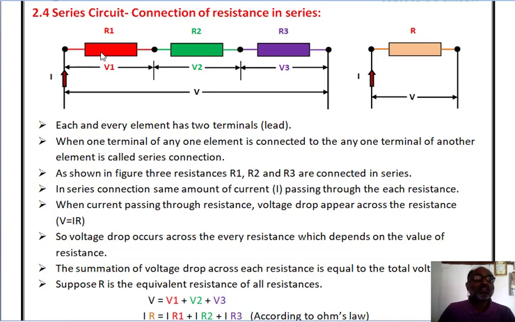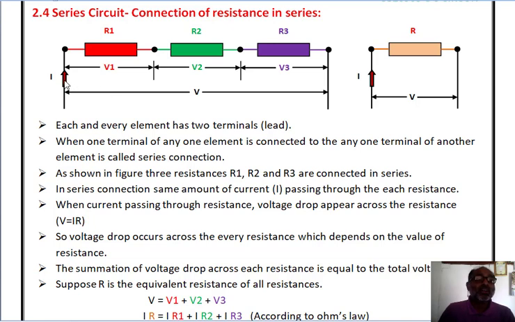That means the same amount of current passes through resistance R1 as well as resistance R2 and resistance R3. So it is most important: the same amount of current passes through the elements which are connected in series.